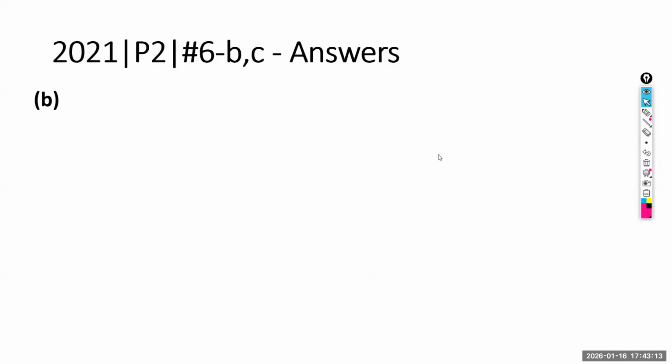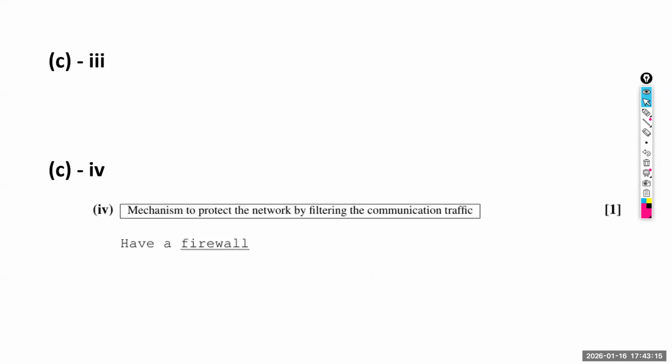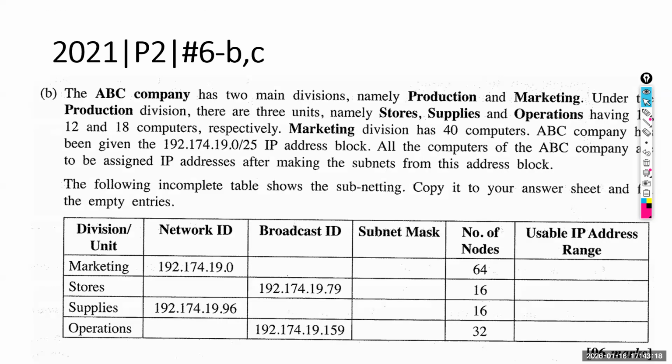Right. So now we can do a few more past paper questions. Right. So let's do this one. Okay. So this is the 2021 paper. This again looks like a variable size network. You can see 64, 16, 32.